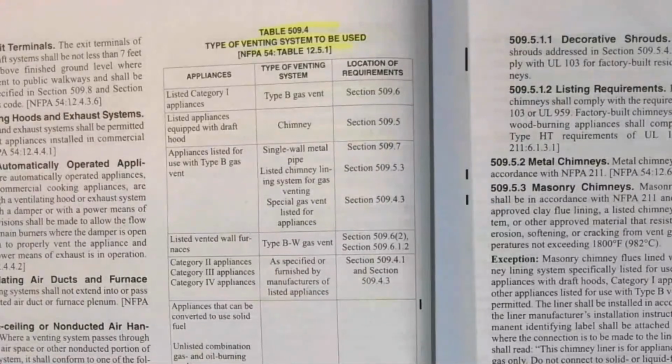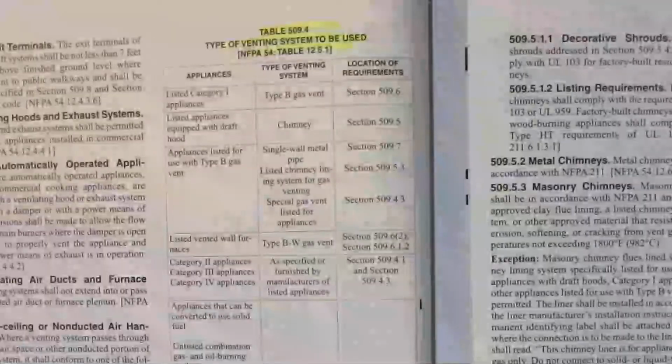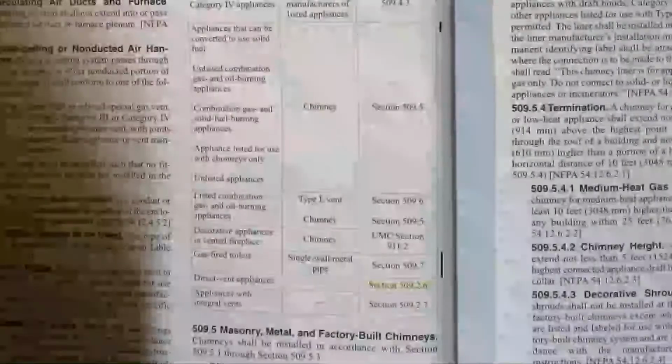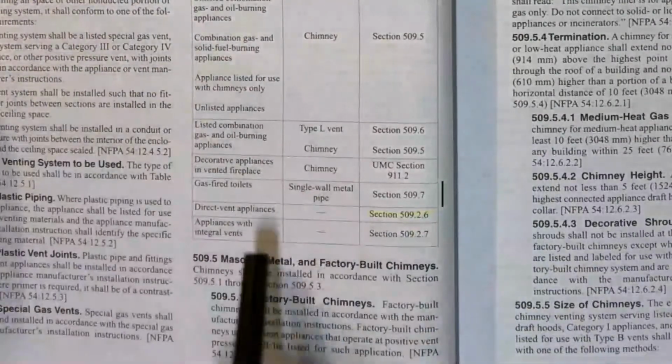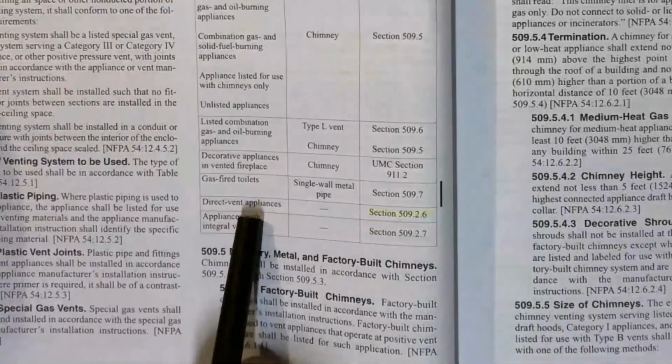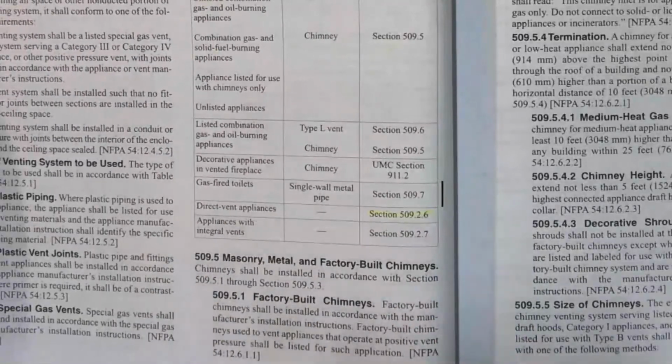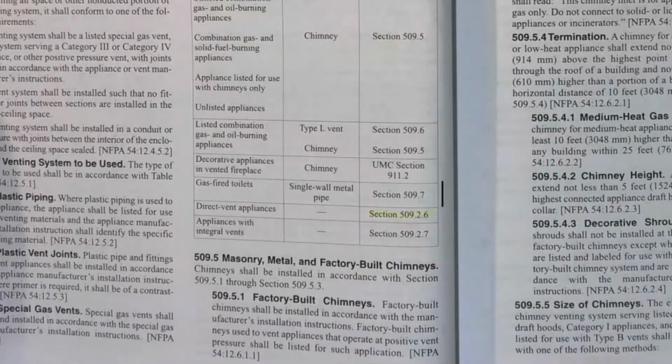Okay. And then we also have the direct vent appliance. Okay. And these are the little higher end. These are the ones that, like a tankless water heater, can be considered a direct vent appliance.